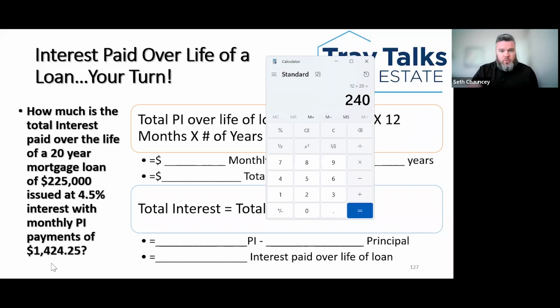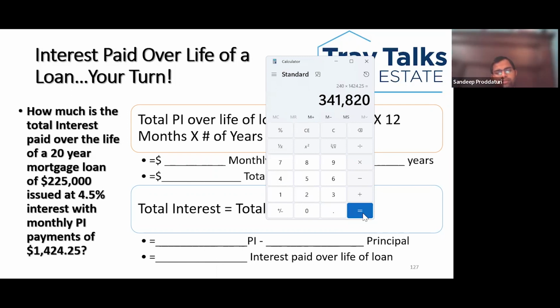If you multiply your principal and interest by your number of payments, 1,424,25, this number right here is the total paid over the life of the loan. But folks, that's not just interest. Part of that is your principal as well.